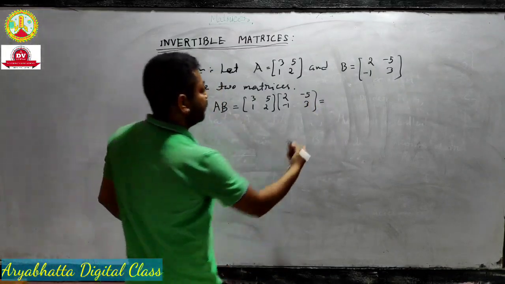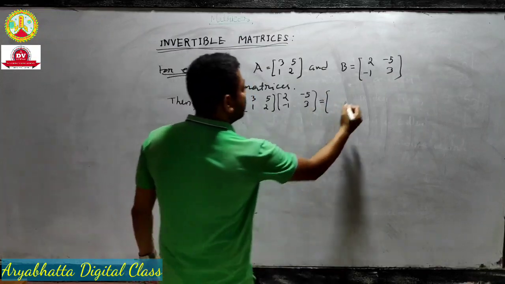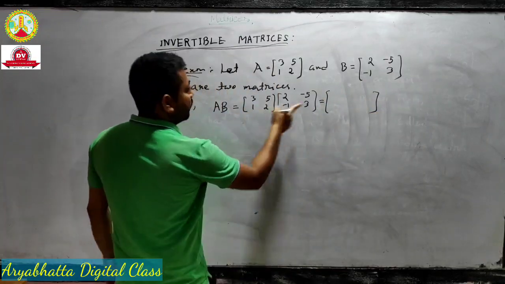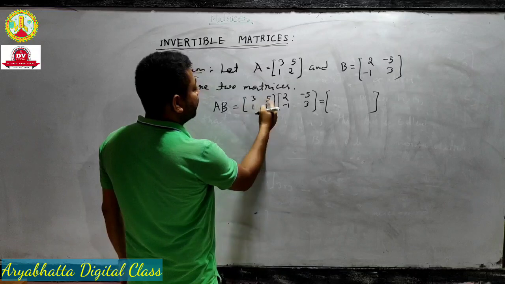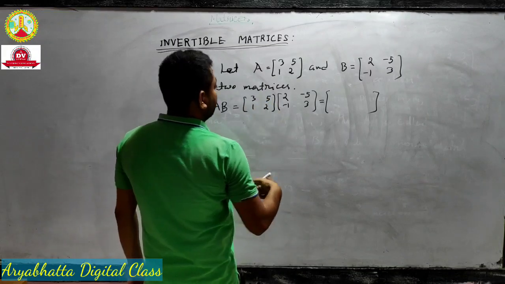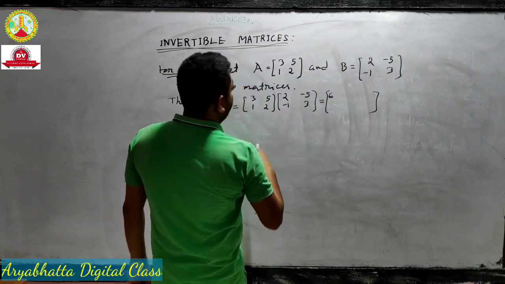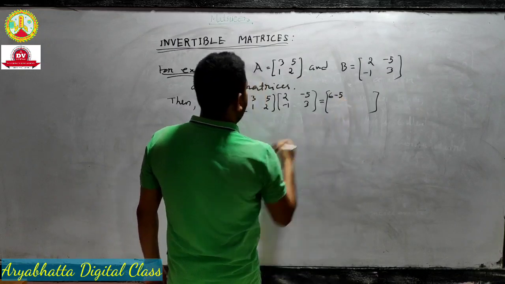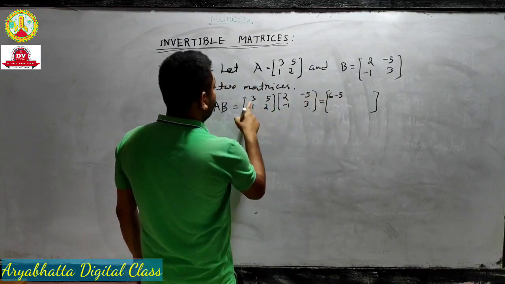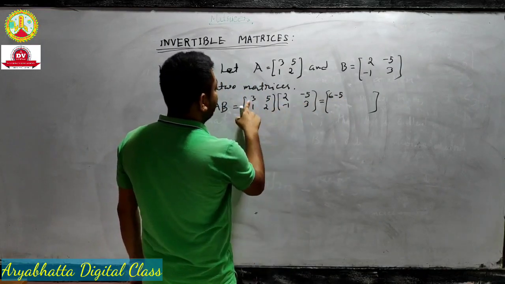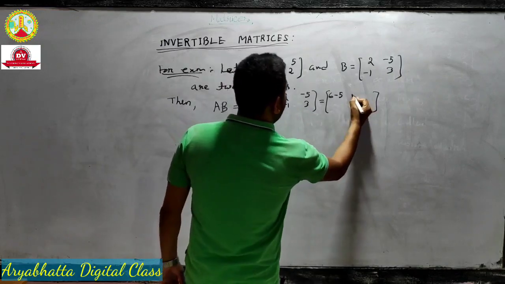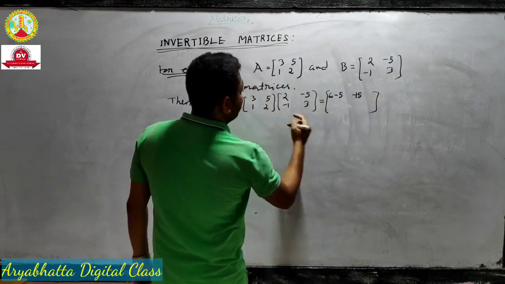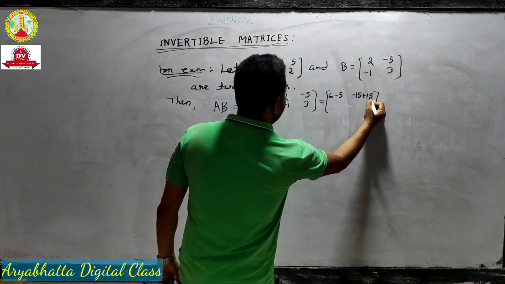Then we have, for the first element we multiply the first row with the first column: 3 into 2 is 6, 5 into minus 1 is minus 5. For the second element we multiply the first row with the second column: 3 into minus 5 is minus 15, 5 into 3 is 15.